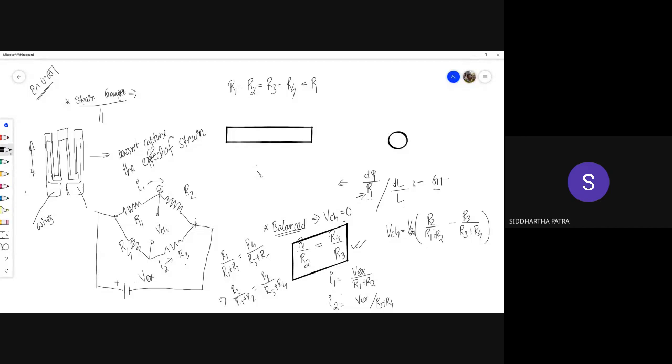In the vertical direction, it captures the effect of strain. And why so?